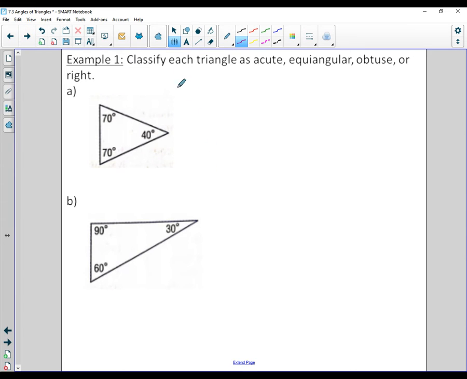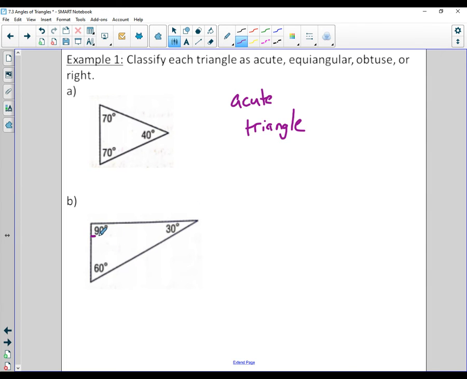So classify each triangle as acute, equiangular, obtuse, or right. This one here, every single angle is less than 90 degrees, so that means it is an acute triangle. Now here, for this one, I don't even have to really think about the other ones.